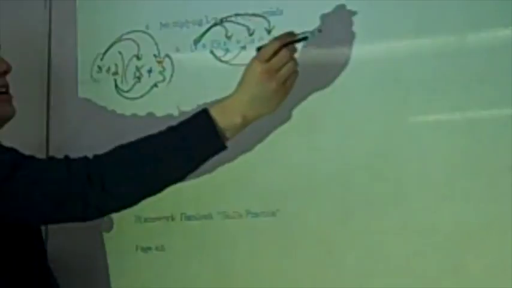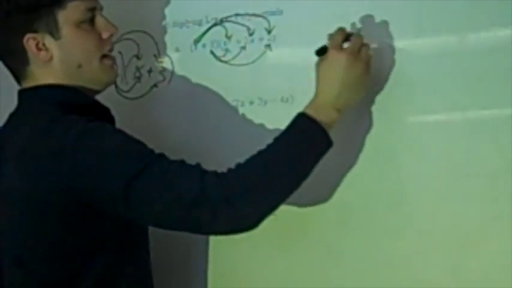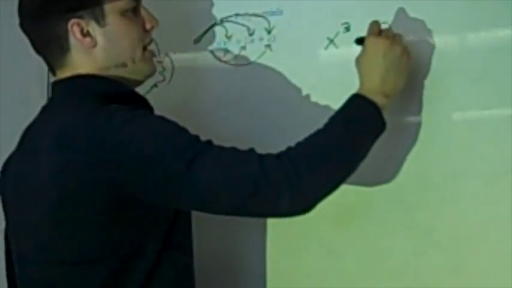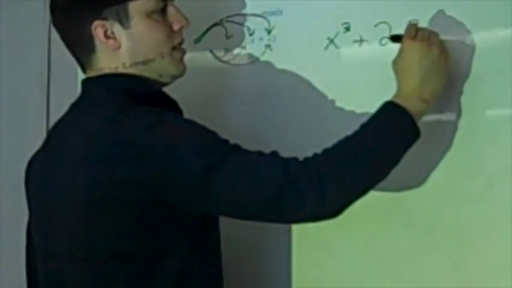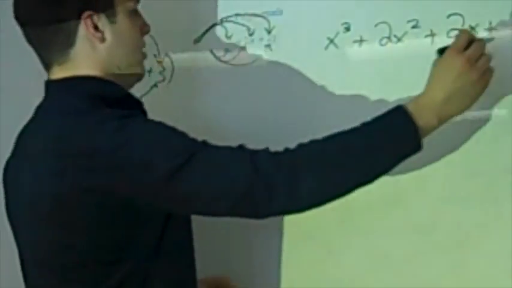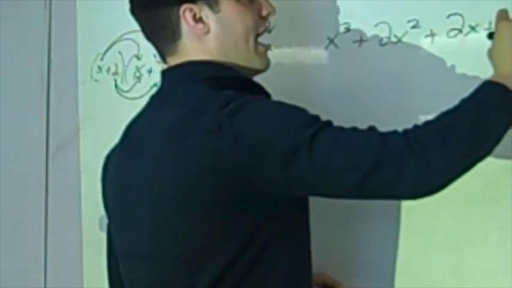X times x squared is going to be x to the third. X times 2x is going to be 2x squared. X times 2 is going to be 2x. So we've got the first 3 done. Now we distribute the 2. 2 times 2x is going to be 4x.